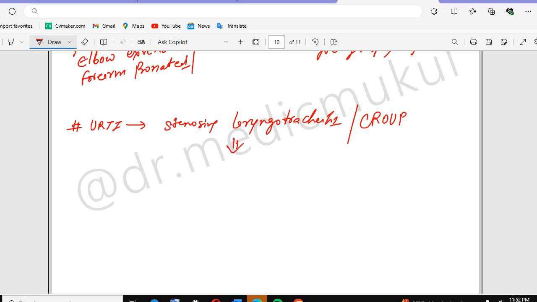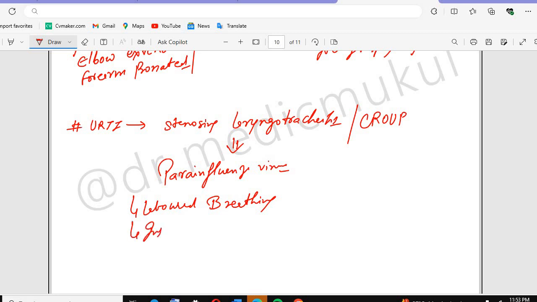This is caused by a virus, the parainfluenza virus. There would be labored breathing, inspiratory stridor and barking cough.